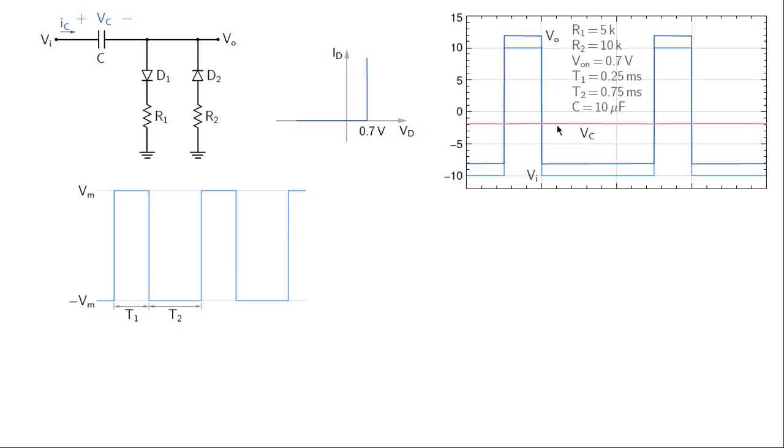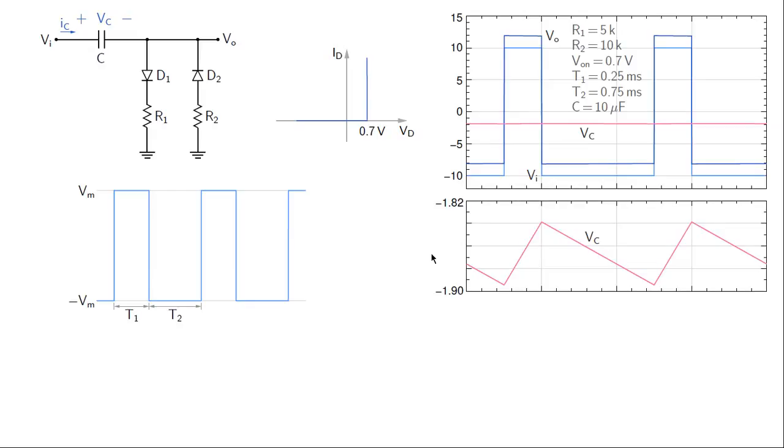Now to proceed further, let us look at Vc in an expanded form. Here is the capacitor voltage as a function of time, and we see that it is nearly constant but not exactly constant.